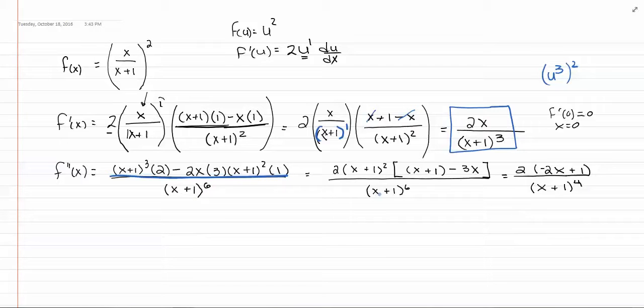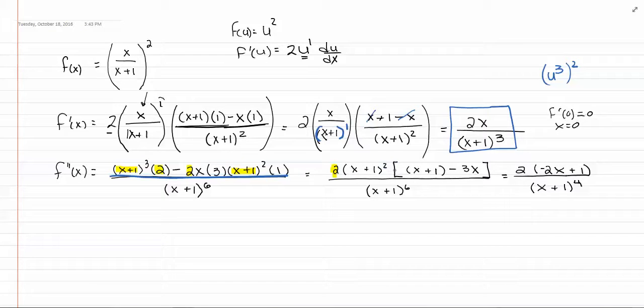From here, I noticed a couple of things. I don't want to multiply this whole thing out. So I see that I have an x plus 1 and an x plus 1 factor, and I have a 2 and a 2. So I'm going to factor out the 2, and then the x plus 1, I have 3 of them here, I have 2 of them here, so I can at most factor out (x plus 1) squared.